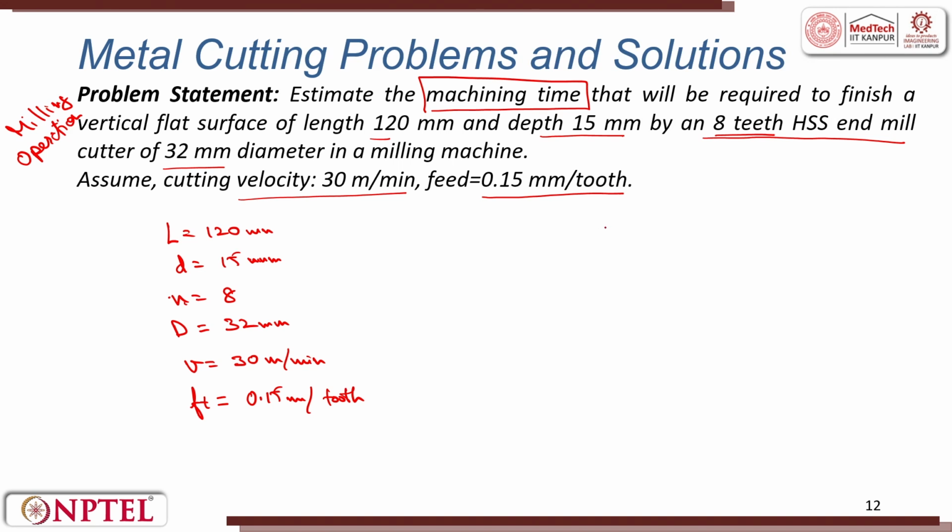How do we calculate this? We will find n, then we will put that value of n to find the machine feed, that is machine feed is equal to feed per tooth into the rotations per minute into the number of teeth. You will find machine feed.